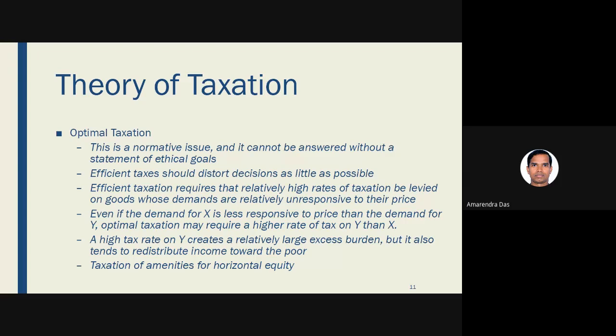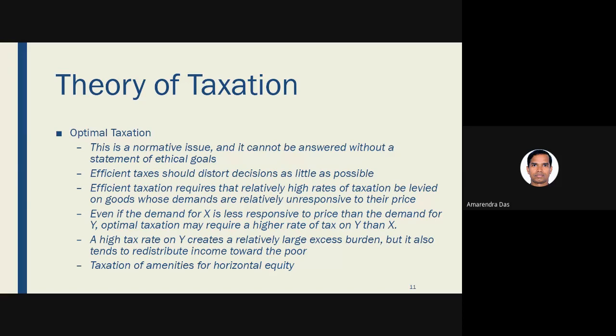So usually the taxes should be such that there is a redistributive objective. And I have told you also that the theory of taxation is very complicated, because it has multiple objectives. Sometimes tax serves regulatory objectives, sometimes the objective of revenue collection, sometimes the redistributive objective, that is transferring resources from the rich to the poor.